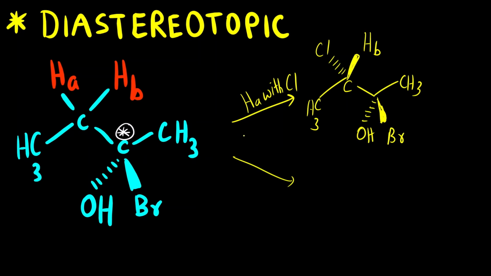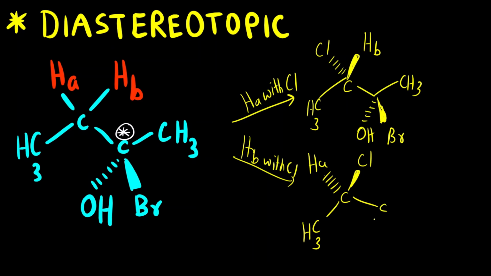Now replacing HB with Cl. Carbon CH3. Now below the plane HA is as it is, HB we are replacing with Cl. Below the plane OH, above the plane Br.